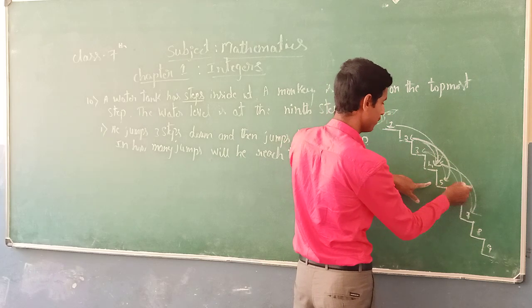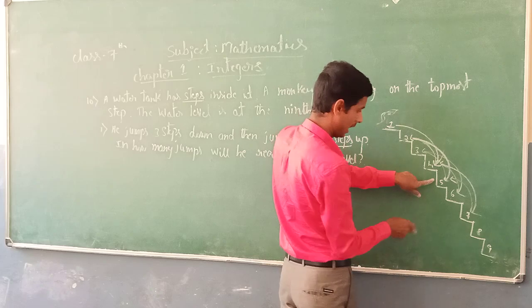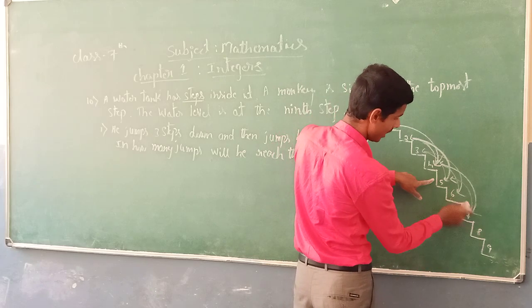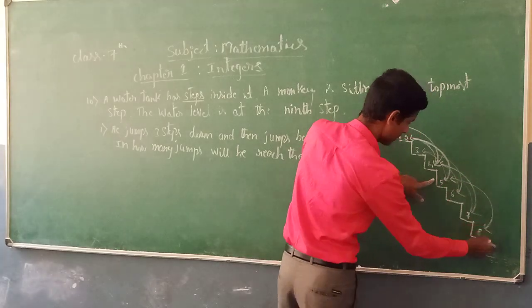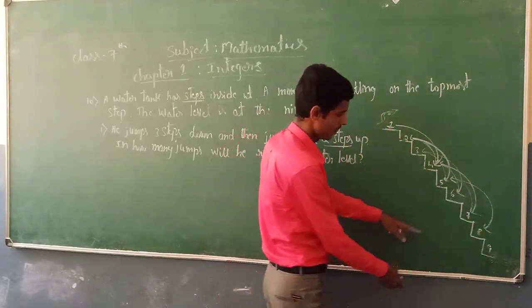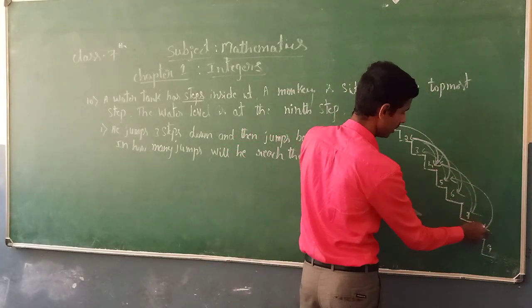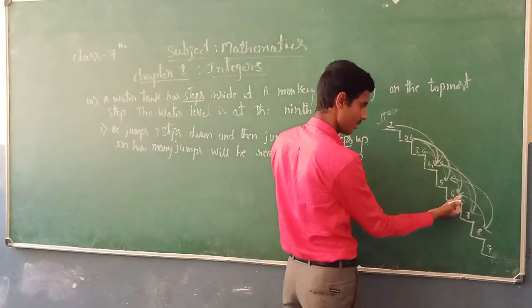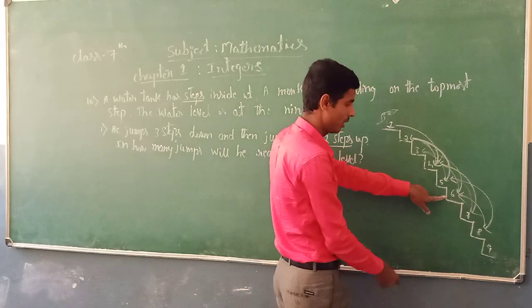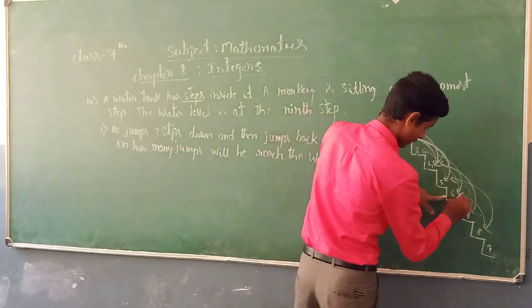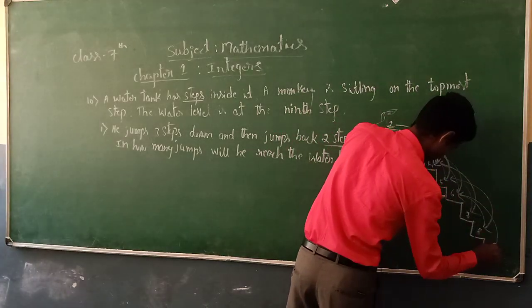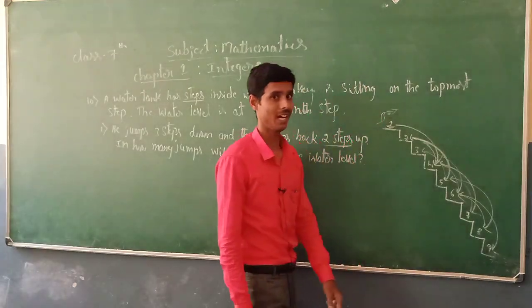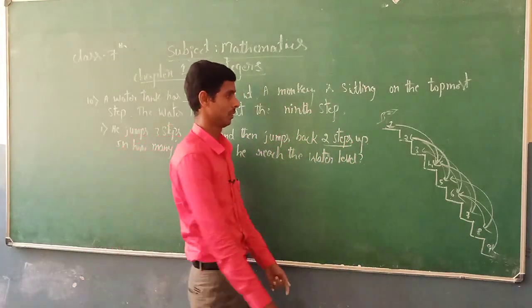From 7th step it will jump back to the 5th step. 1, 2. This is 5th step. Again from 5th it will move 6, 7, 8. 3 jumps, no? From 8 it returns to 6th step. 2 jumps, 7, 6. From 6 again it has 3 steps. It will reach the 9th step. Totally how many jumps?